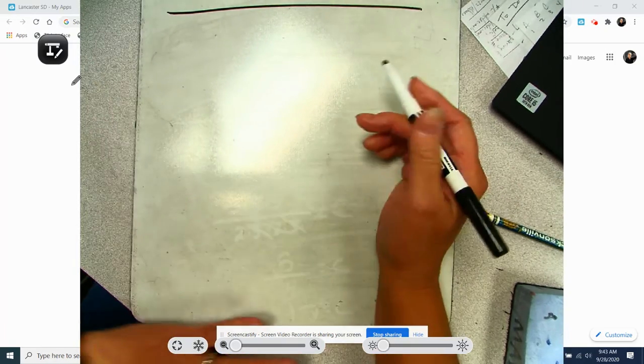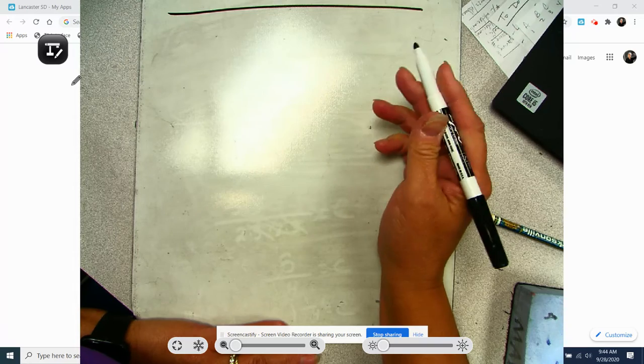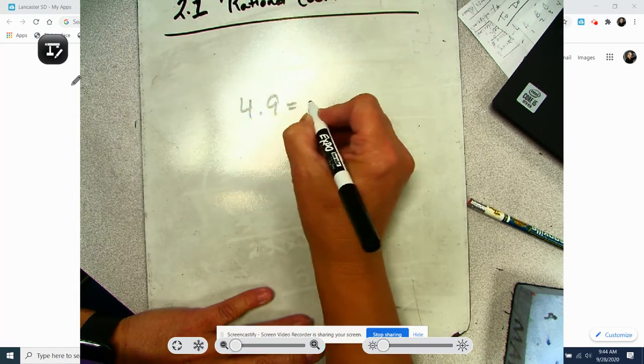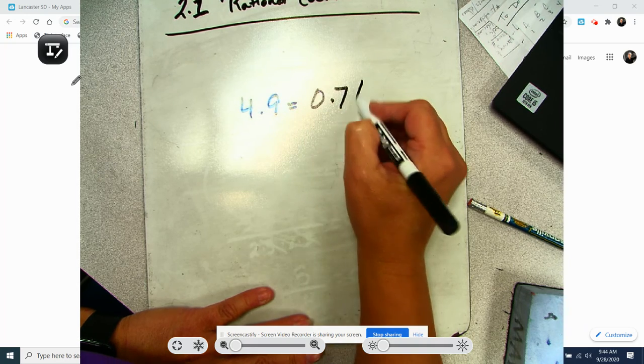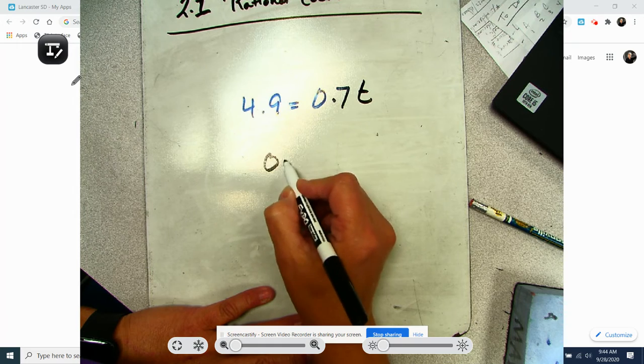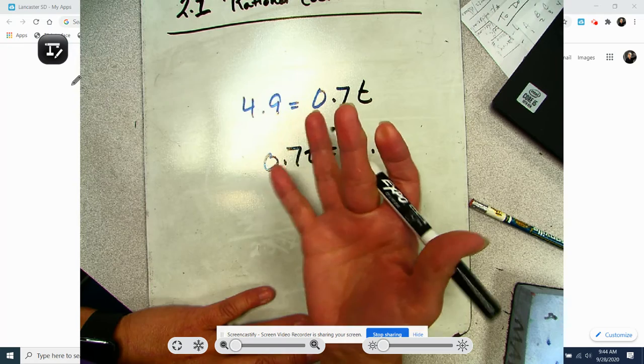What if we were doing it and it was decimal? So you have 4.9 equals 0.7 t. I like to have my variable on this side, so I'm going to move that 0.7 t to this side. I didn't change the problem, I just flipped it over.